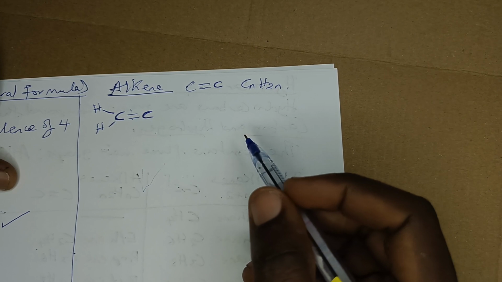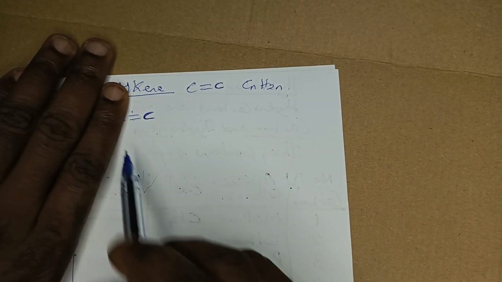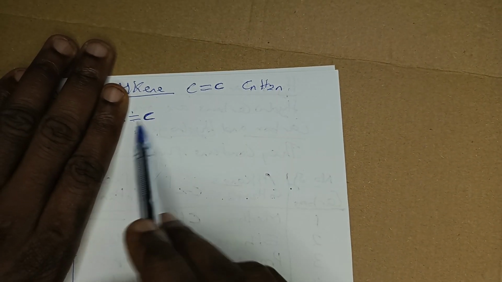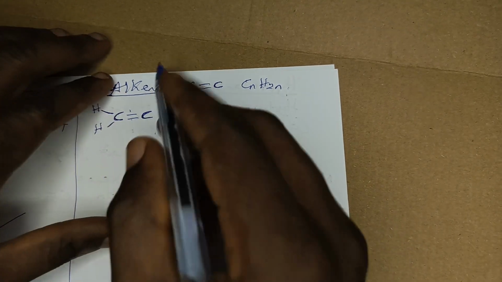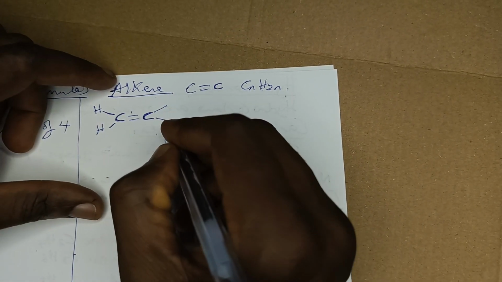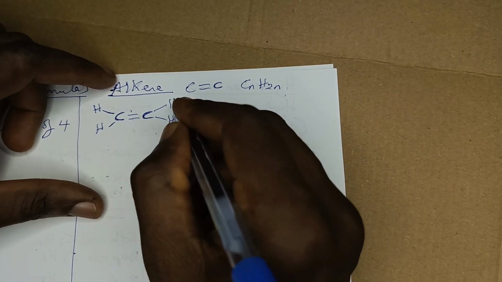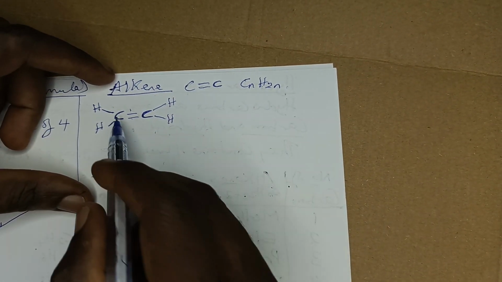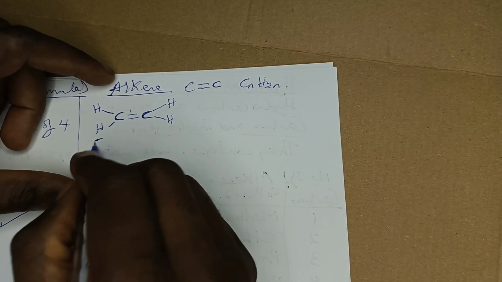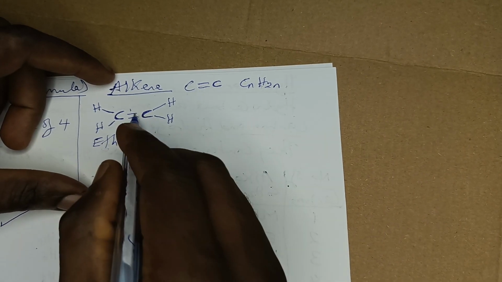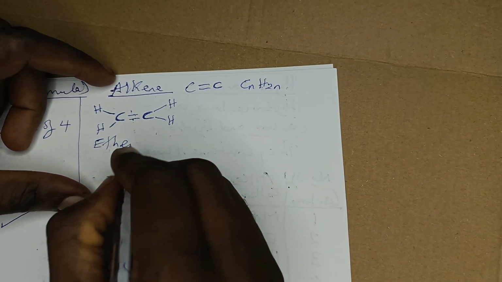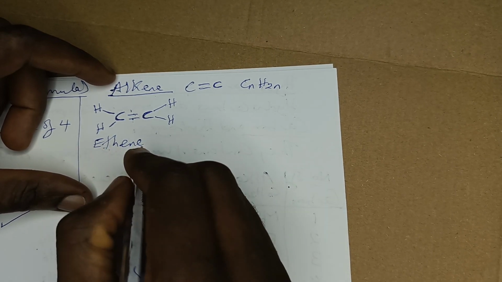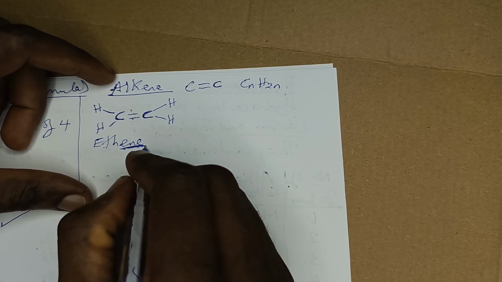This one also, when we cover it, we have 2 bonds already attached to this carbon, so it remains 2 bonds. Now, we have 2 carbons, which is eth. Because it has a double bond, it finishes with ENE. That shows it has a double bond.